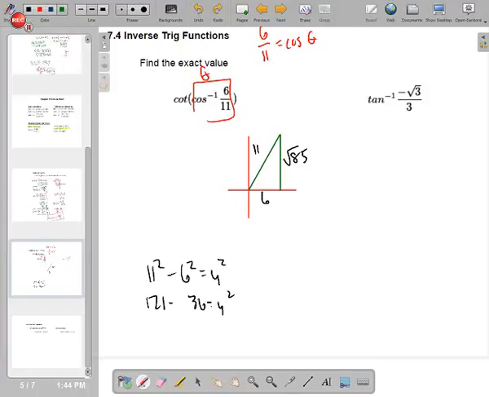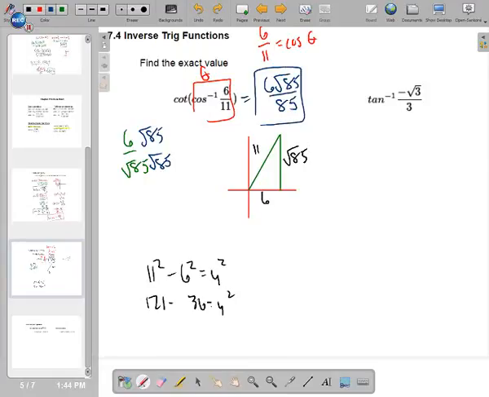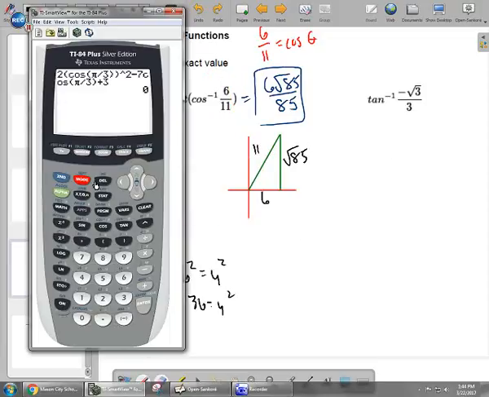Now if I want to find cotangent, I need to find adjacent over opposite. So 6 over radical 85, but you have to rationalize it. So this is going to be 6 radical 85 over 85. It ain't pretty, but you can check it. So if you have a calculator handy, let's check it.